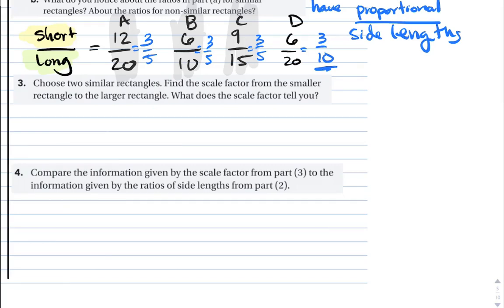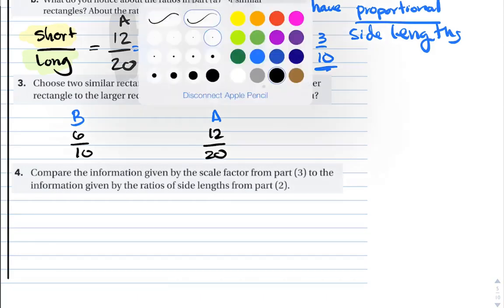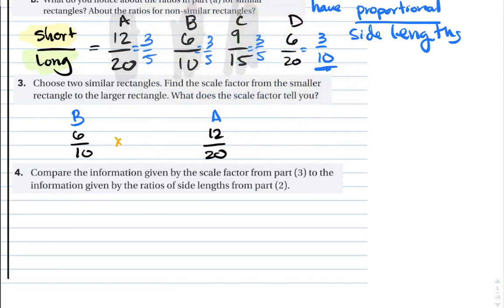Let's do B first. We went from B, the small, to A, the large. Our ratios were 6/10, and A was 12/20. Now it says find the scale factor. We know our scale factor was ×2.